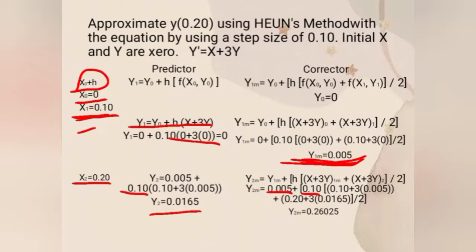So 0.10 plus 3 times the value of our y sub 1m, which is 0.05, plus x sub 2, which is this one. So 0.20 plus 3 times the value of y sub 2 from the predictor method. So 0.165 over 2. So we get this y sub 2m is equal to 0.26025.